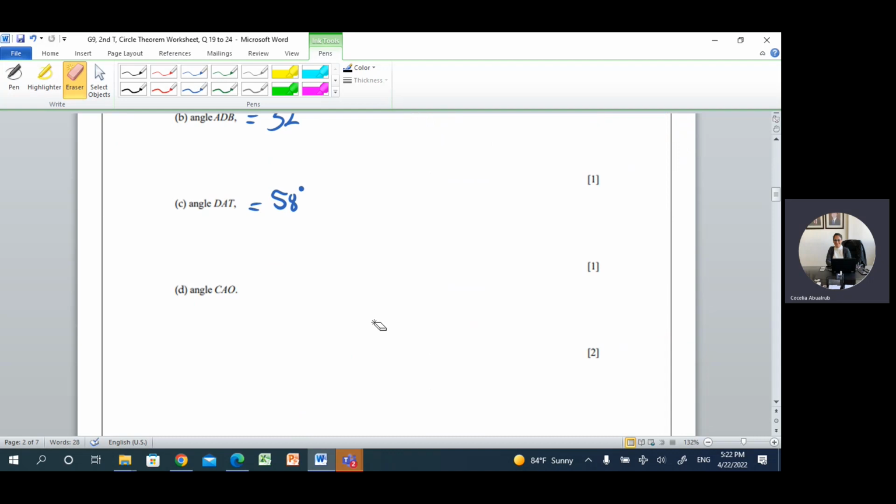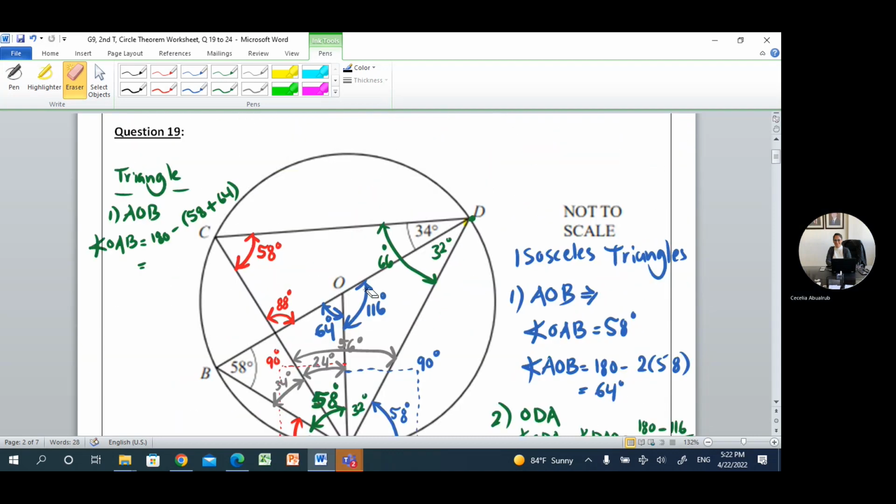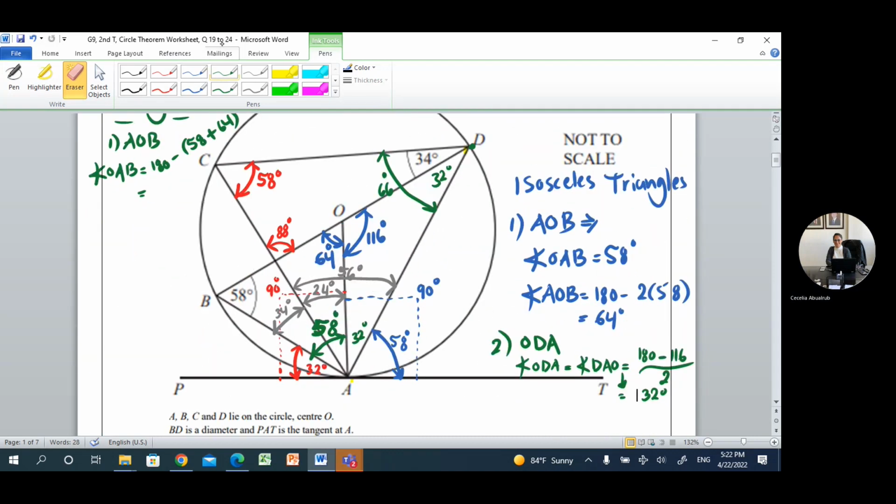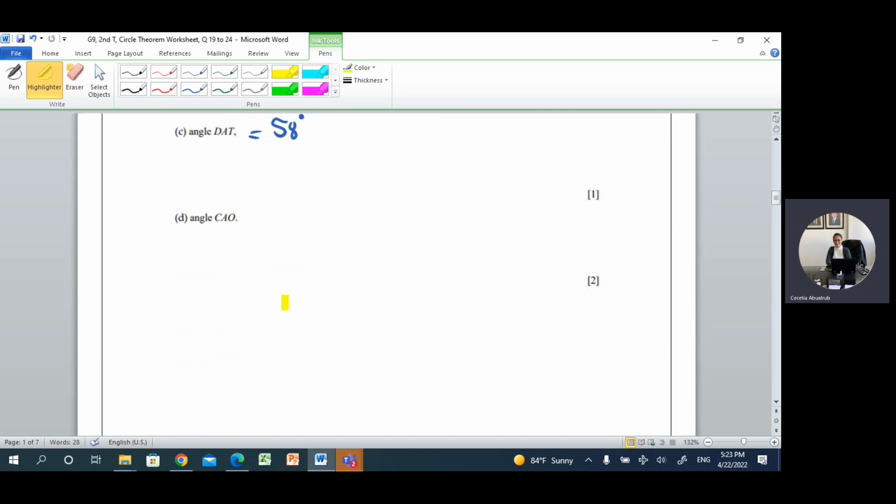And the last one is CAO, which is this small angle here, and it is equal to 24 degrees.